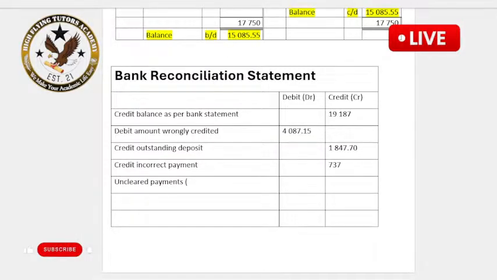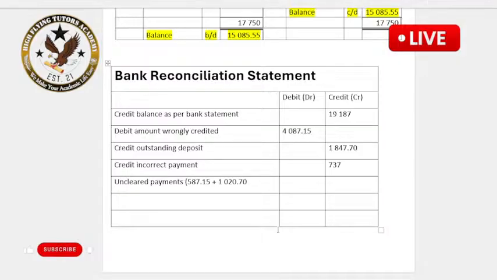In our answer sheet right there, our uncleared payments are going to be checks 95 and 99, which is 587.15 plus 1,020.70, and those are the ones that we got in the additional information.